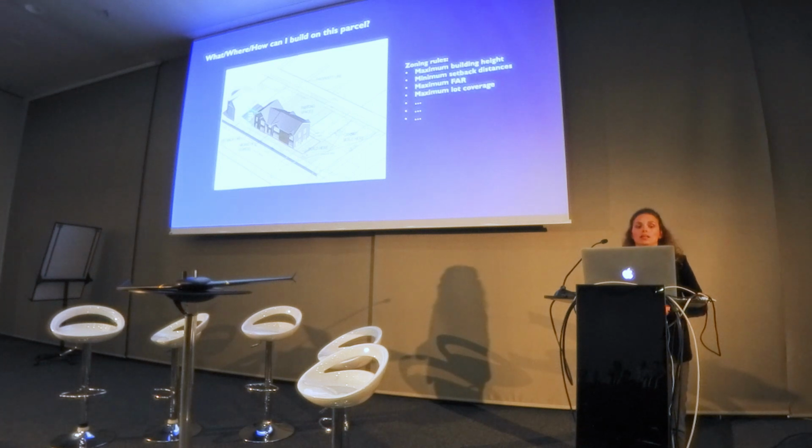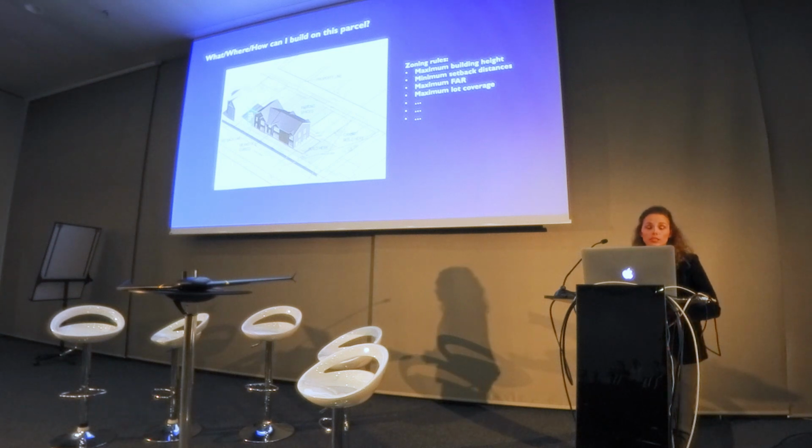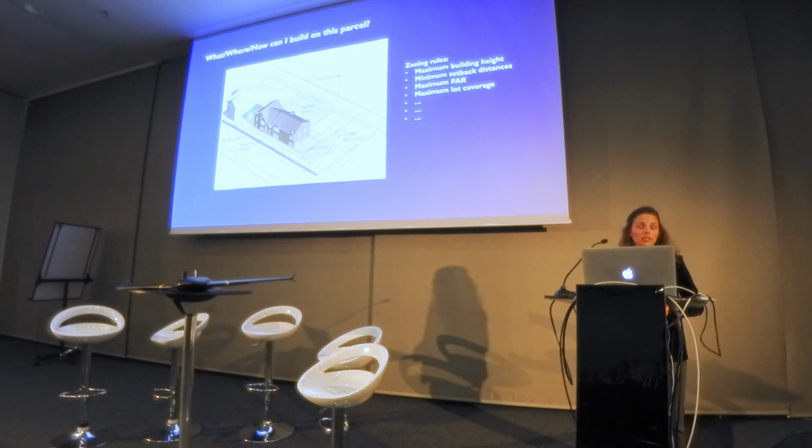For instance, a parcel could restrict the maximum building height allowed, or setback distances, or FAR, floor area ratio, etc., etc. The list can be endless. So when you take everything into account, on one hand, the goal, the performance you want your building to achieve, and the zoning constraints, the whole problem starts to be pretty complex.